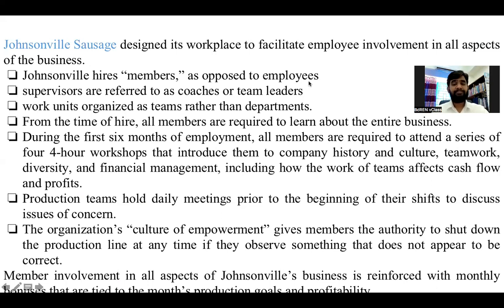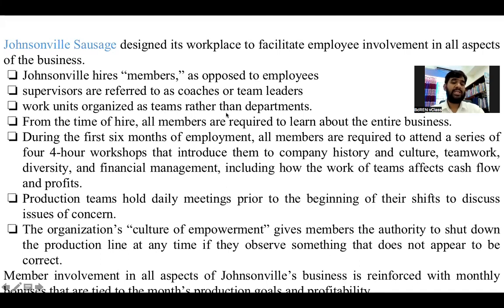So maybe we think that we are starting a job as an employee, but what they say is members. This is another strategic issue. Supervisors are referred to as coaches or team leaders, not production supervisors or something. They are referred to as coaches. You are the coach or you are a team leader.